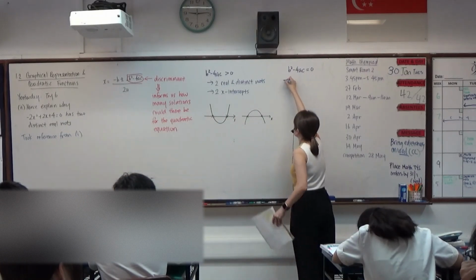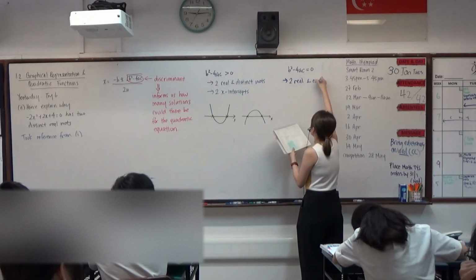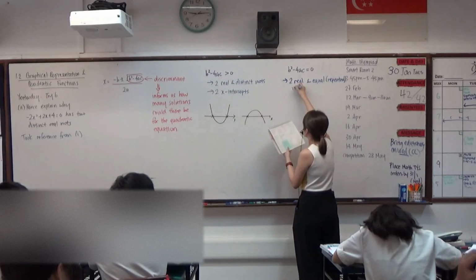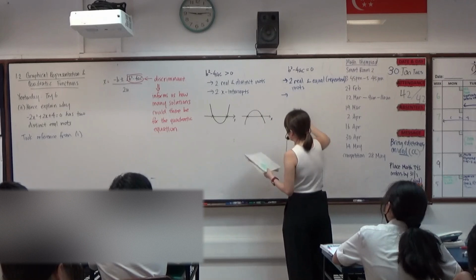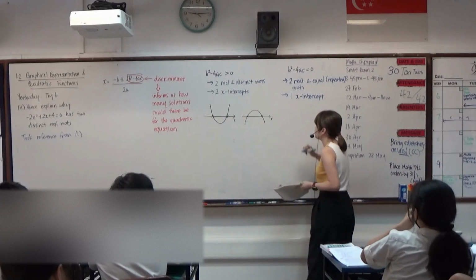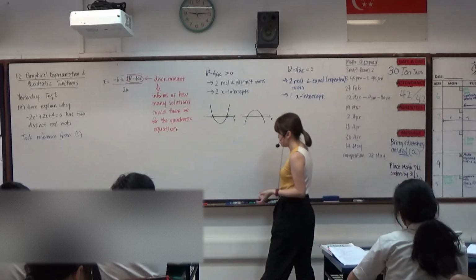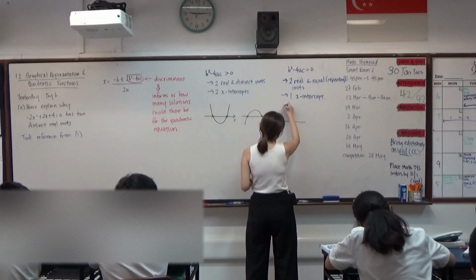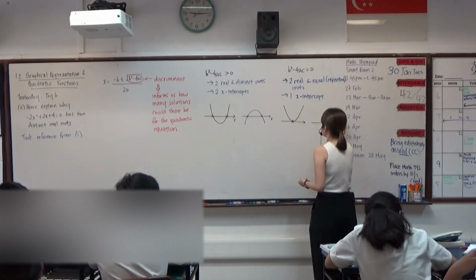Sometimes they will say that it is two real and equal, or repeated roots, or we can say one x-intercept. I know that we see one x-intercept and you think that it is only one root, but strictly speaking, it is actually a repeated root. Both the same. That's why they say equal.